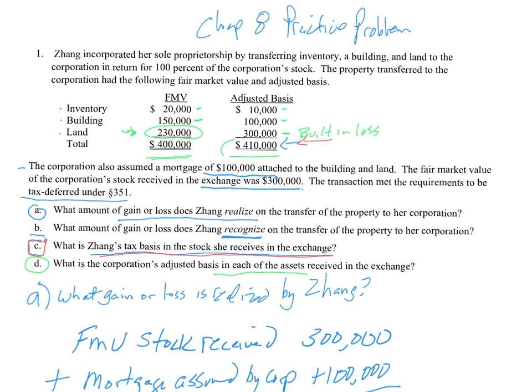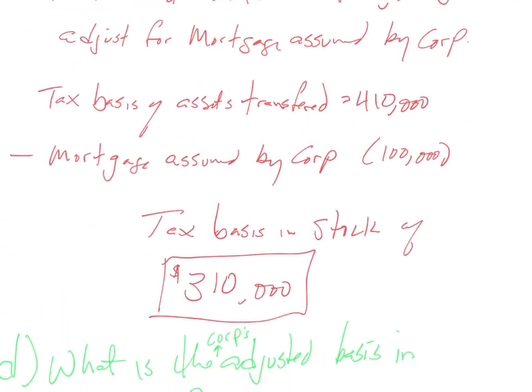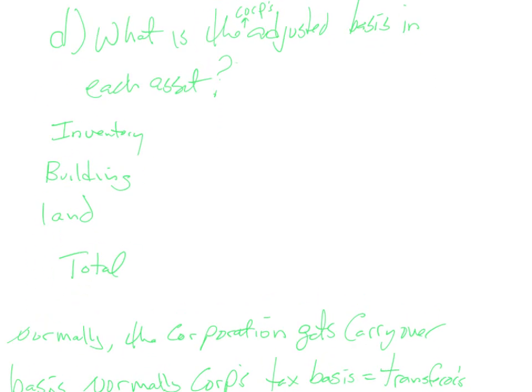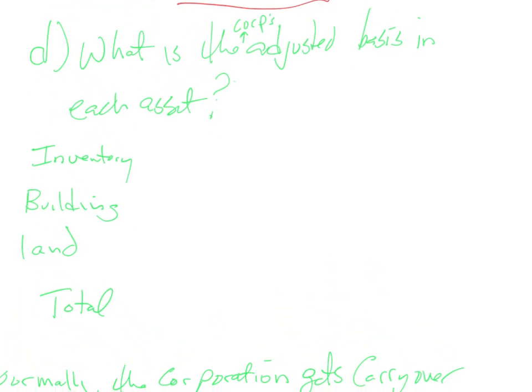Okay, so let's scroll down here and we'll write down what we just figured out. So for the inventory, what do we get? Well, for the inventory, we get carryover basis. Fair market value was greater than its adjusted basis, so we get carryover basis of $10,000.